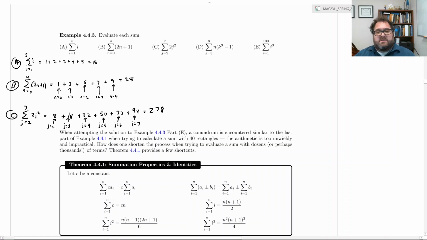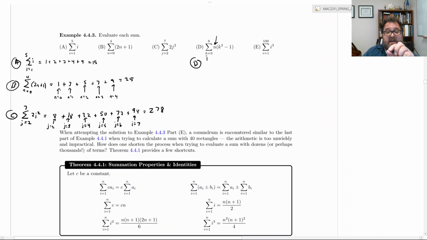So again, the sum simply means to do all those terms individually and then add them up. Now D is a little interesting. I wanted to add this on purpose because notice that there is another variable n here, and n is not the index.